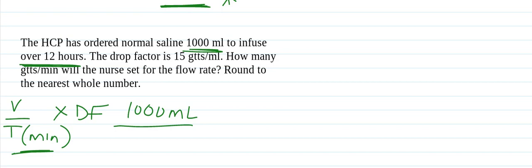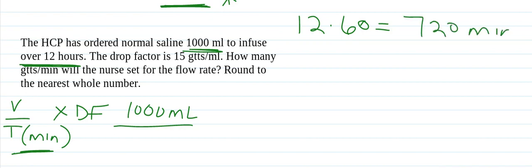So what we're going to have to do is multiply 12 times 60 to get minutes. And when we multiply 12 times 60, we get 720 minutes. Now we're in the right unit that we need, and we can put 720 minutes. And we can't forget our drop factor here, which is 15.